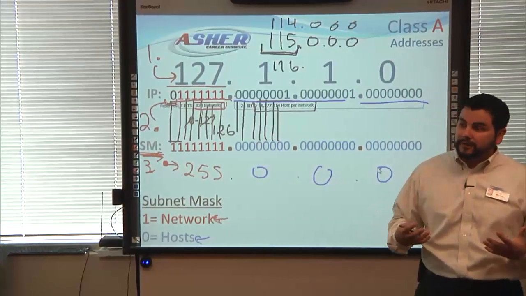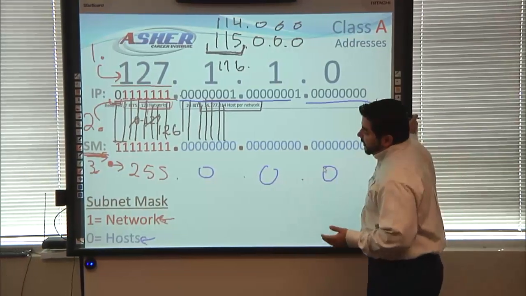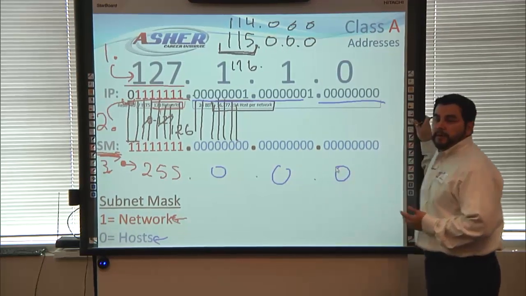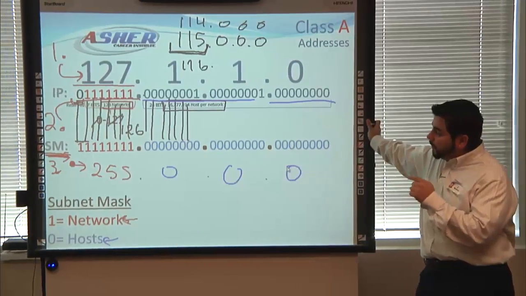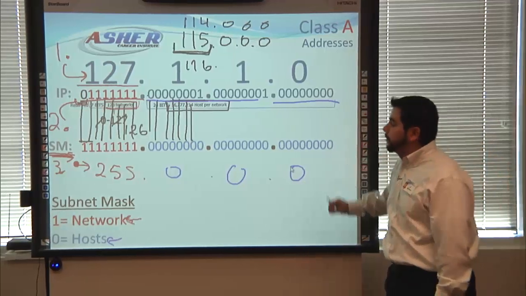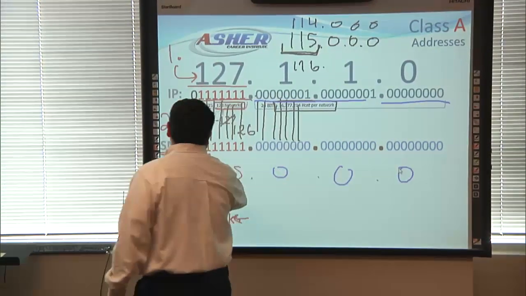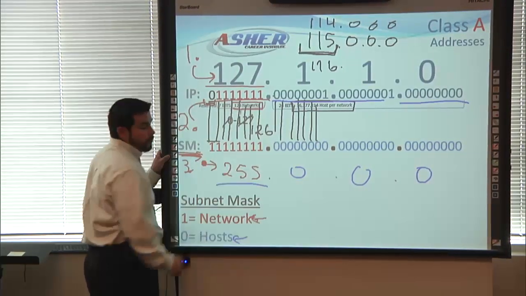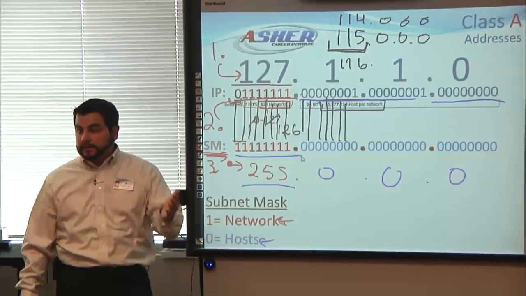That's just easier for us. The computer does not see 255.0.0.0. It will accept it, but the computer really sees 11111111.00000000.00000000.00000000. This is important because when we get to subnetting, we're going to stop dealing in decimal numbers and start dealing in binary numbers. That's the next lecture tomorrow.